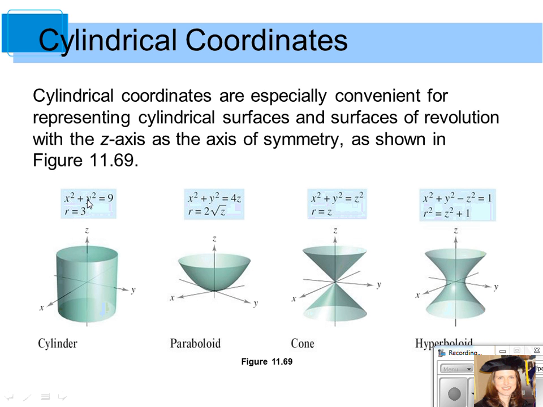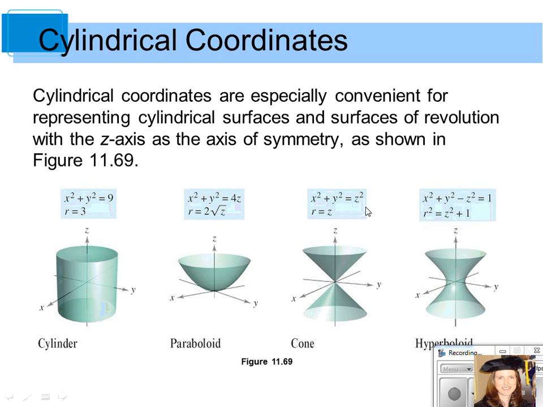We end up with r squared equals 9, or r equals 3. For the paraboloid, the equation is x squared plus y squared equals 4z. This converts to r squared equals 4z, and you would take the square root of both sides to get r equals 2 times the square root of z.